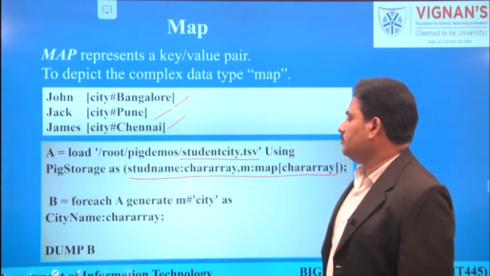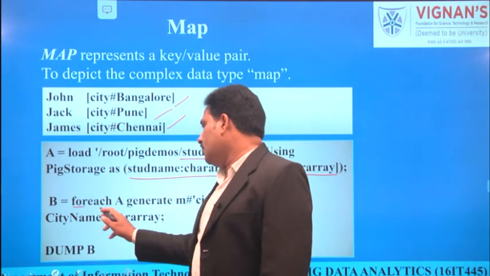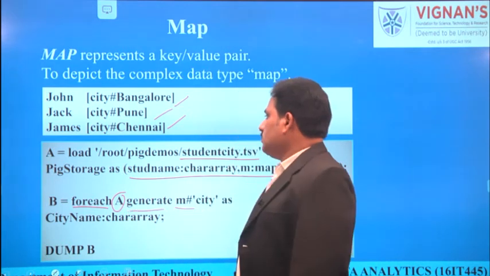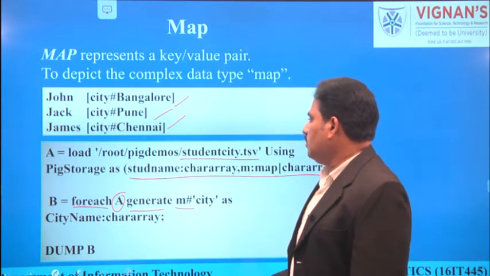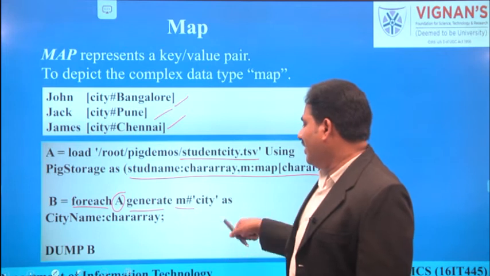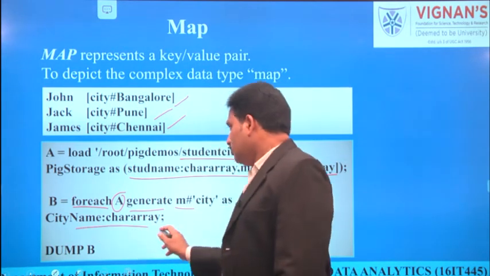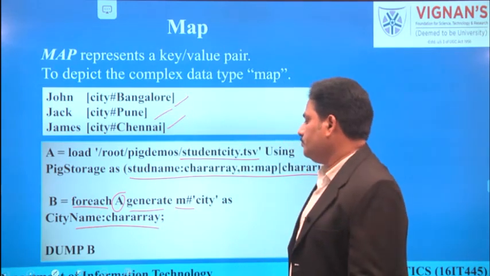Map is a character array. Now what we are doing is generating, for each A, generate M hash city. That means for each record we want to generate data in the following format as city name, like this. We want to display the output in this format.